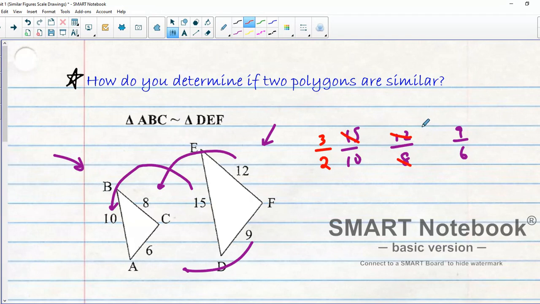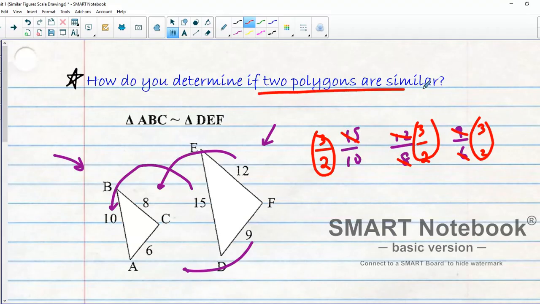What number goes into both 12 and 8? Yeah, 4, right? 4 going into 12 how many times? 3. And 4 going into 8 how many times? 2, right? And how about 9 and 6? What number goes into both 9 and 6? 3 and 2, right? So they're both 3 over 2. So are these two polygons similar?